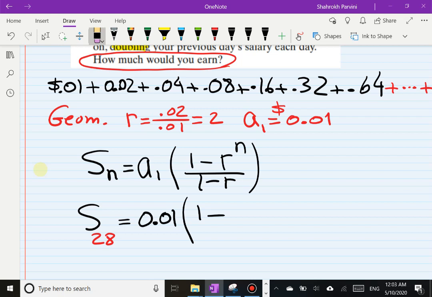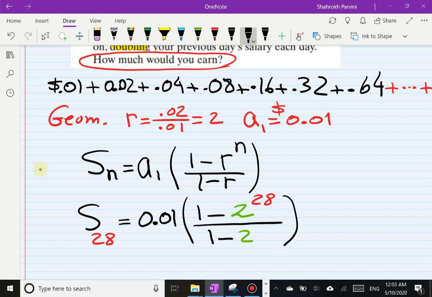Okay. Let me use green. It's going to be 2 to the nth, to the 28 power. Check this out. That's a huge exponent, isn't it? Once you do 2 to that 28 power, it's going to be very, very big. Okay. And there you go.